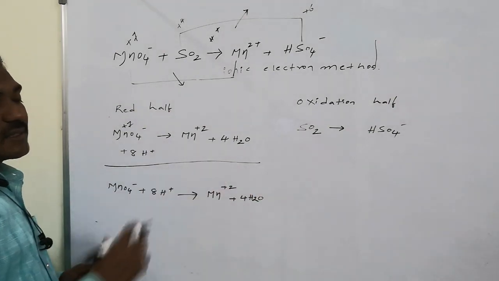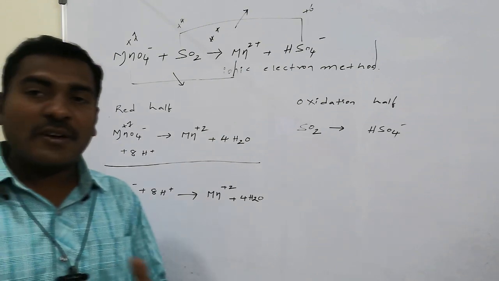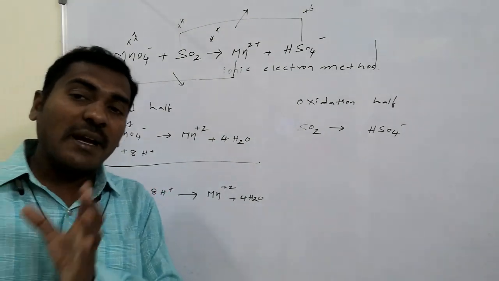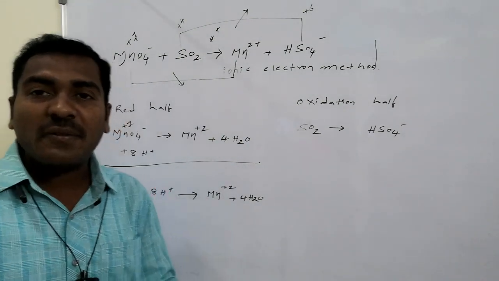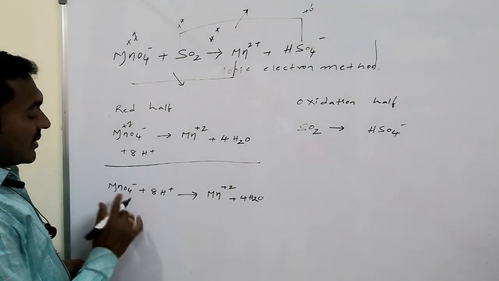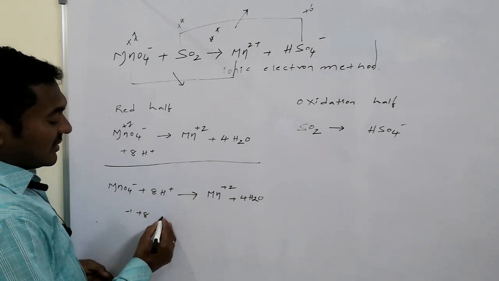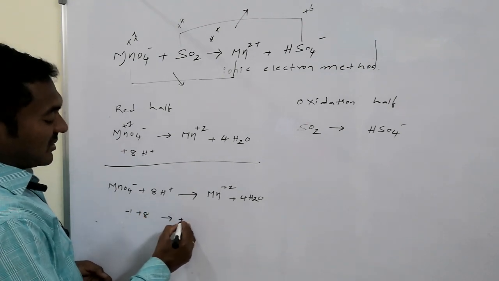This is a balanced equation in terms of all varieties of atoms present in the reaction. Though it is balanced in terms of the number of atoms, we have to balance this equation in terms of electrons also. So we have to do the charge balance. Here -1 plus +8 combination must be made equal to +2.